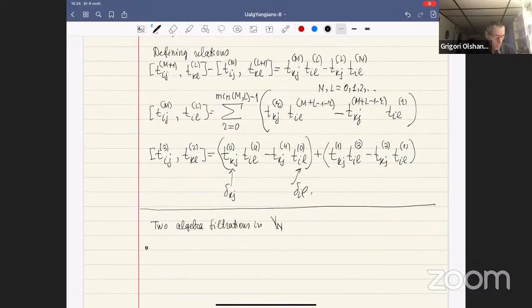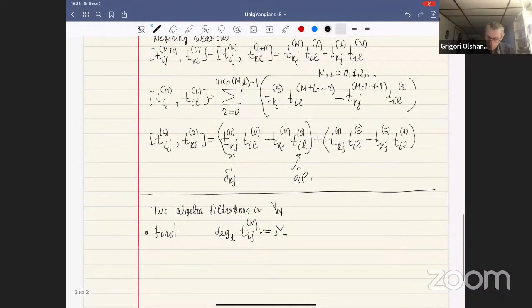The first is defined by proclaiming the degree of a generator. The first type degree of the generator is by definition equal to m. This is the first version. And the second version is as follows.